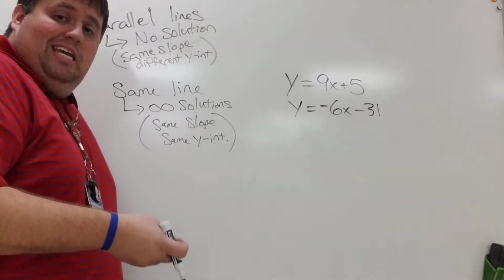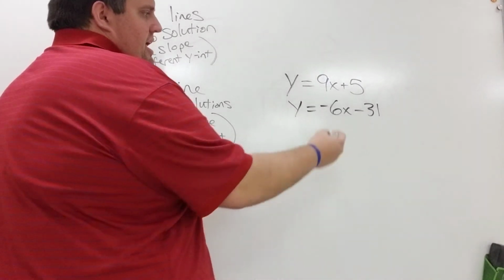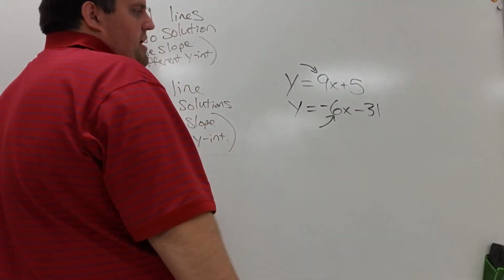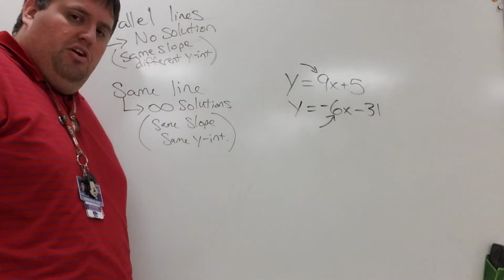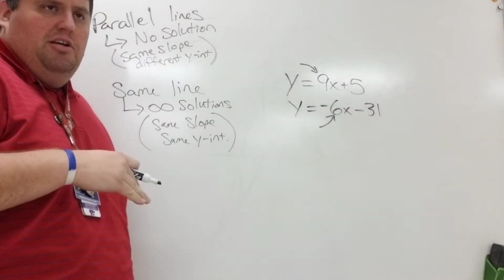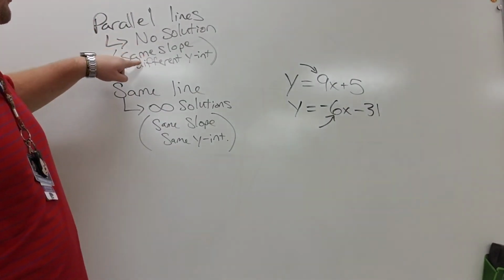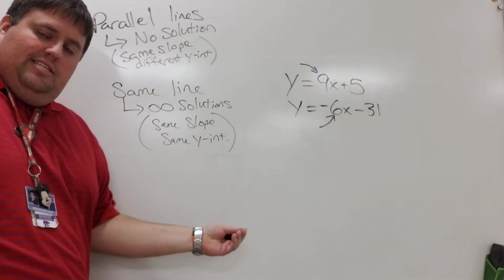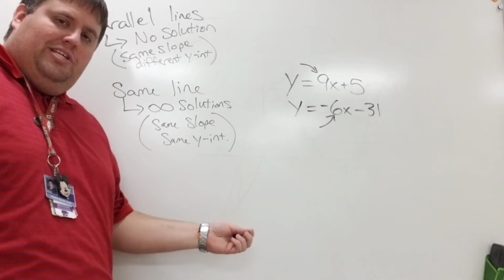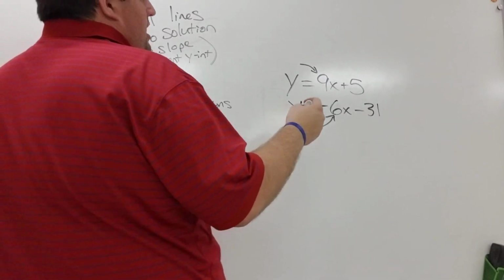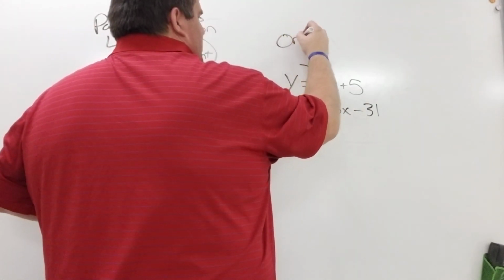A really good way to see that you're going to have a solution is when those two slopes are different numbers, they have to cross somewhere. The only way they don't cross, or if they cross on top of each other, is if their slope is exactly the same. So otherwise, if you have slopes that are different, you're always going to get one spot where these two lines cross. So this we would just call one solution.